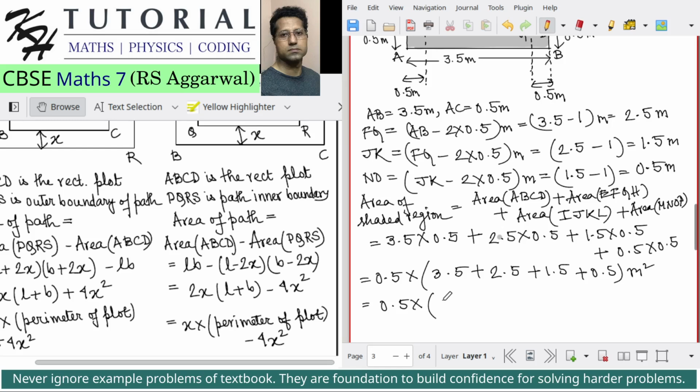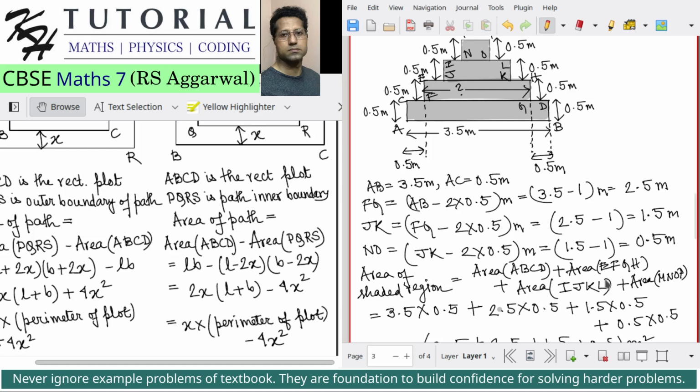So this is 6 plus 2 meter square. So this is 0.5 multiplied by 8 meter square. So this is 4 meter square. Okay, so this is 4 meter square.